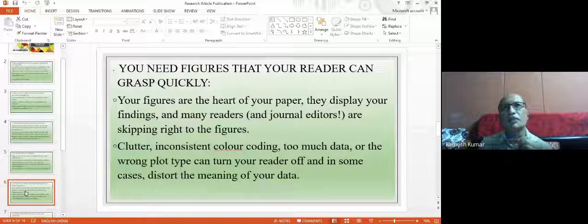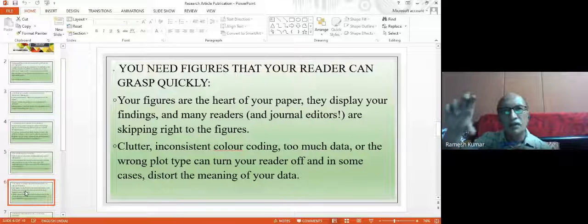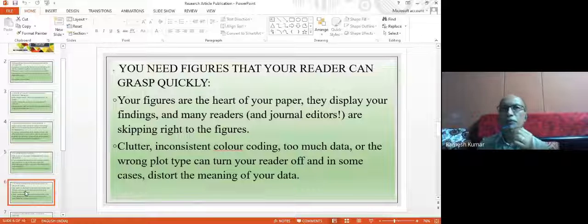And many of the tables, when I have looked at many of the articles, they simply represent X, Y, Z. What exactly X means, what exactly Y means, they might have given in the paragraph above or below. But nobody has the patience to go through that particular paragraph in order to understand your table.